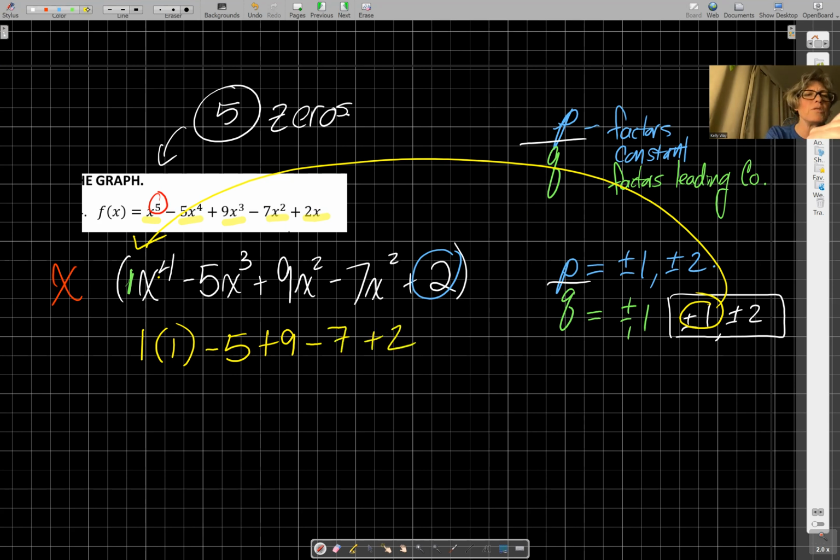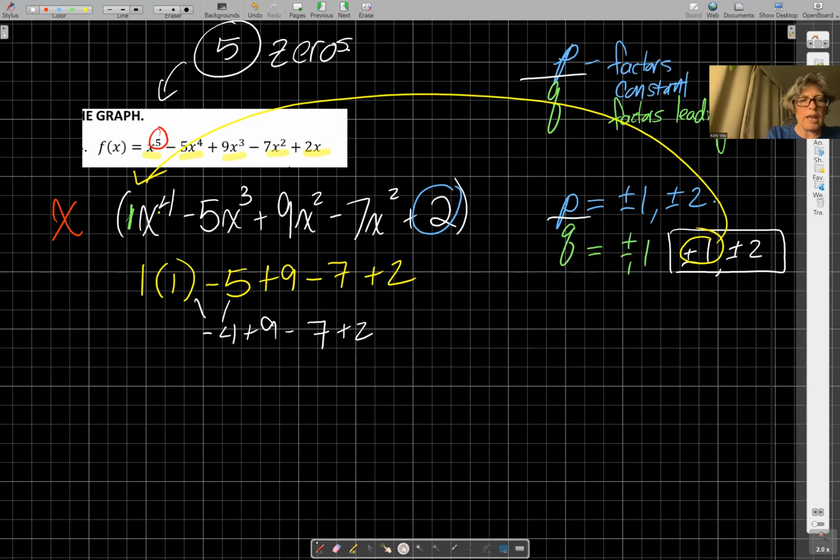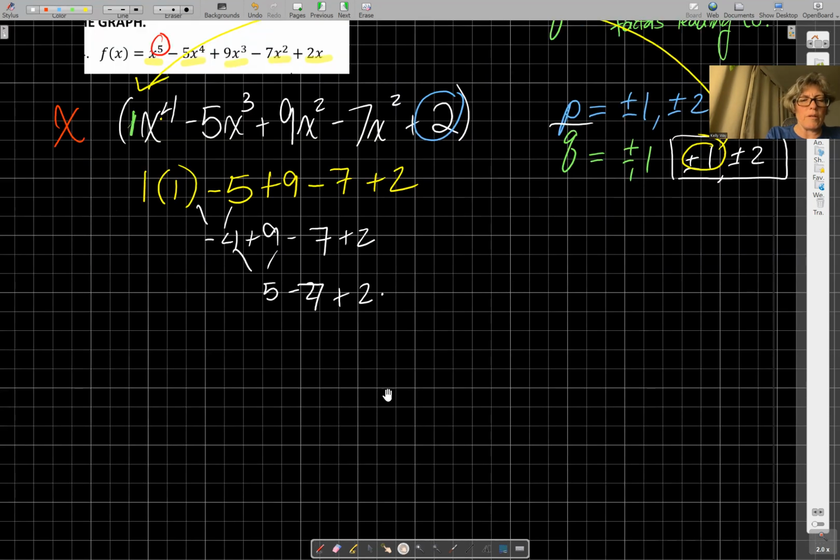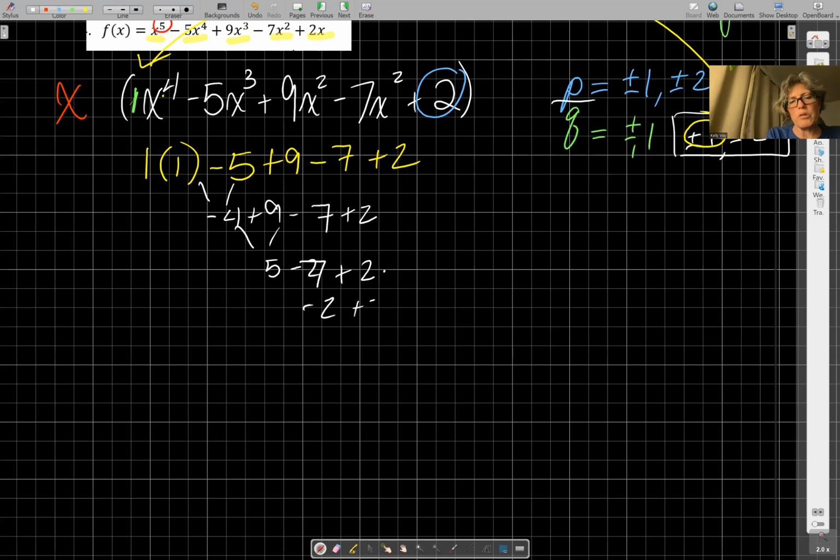And you see if this grouping works, okay? 1 minus 5, negative 4, plus 9, minus 7, plus 2. Let's keep going. This is going to be 5 minus 7, plus 2. 5 minus 7 is negative 2, plus 2. Oh, looky there. It's a 0. So we just identified 1 as a potential 0.